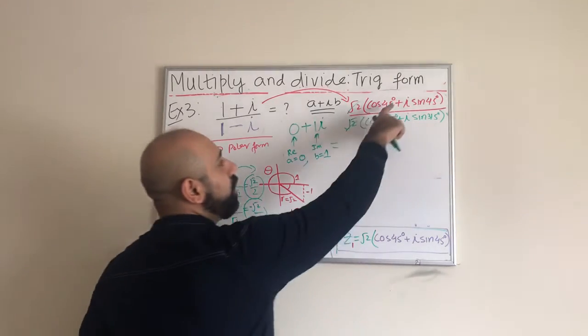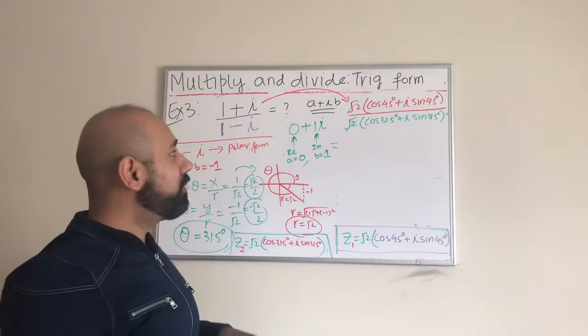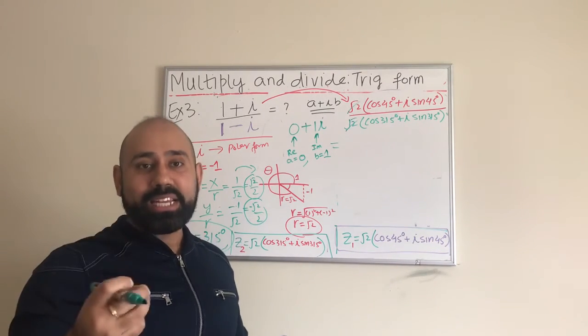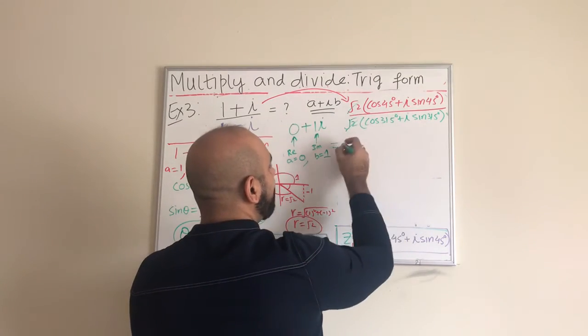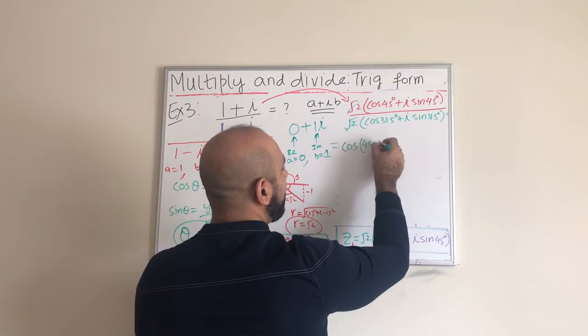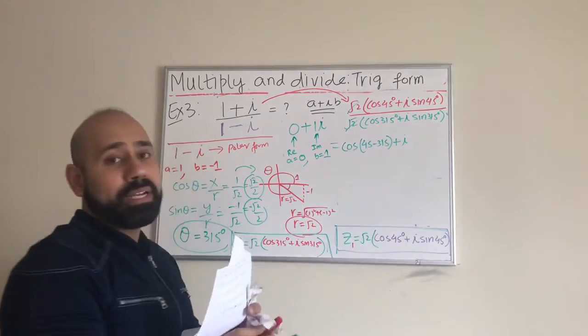To take the ratio of a complex number in polar form divided by another complex number in polar form, we already know that we just have to subtract the angles, theta 1 minus theta 2. So if we think of this as theta 1 and this as theta 2, it's going to look like cosine of theta 1 minus theta 2, which is 45 minus 315, and the same thing for the sine of 45 minus 315.